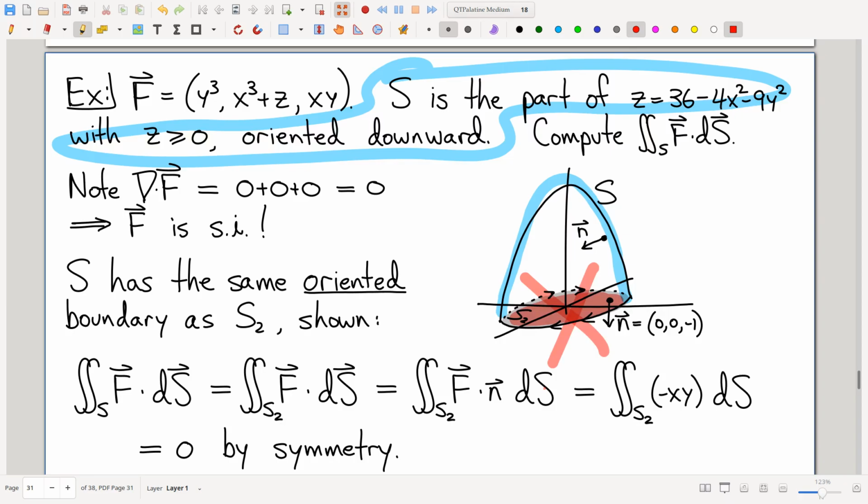A lot of students will see, okay, paraboloid, plane, and then they kind of see a little solid lump and think, okay, the surface must be the boundary of that lump. Not at all what this says. It's just not what this says. This says S is part of the paraboloid. Everything here is just a clarification of which part of the paraboloid.